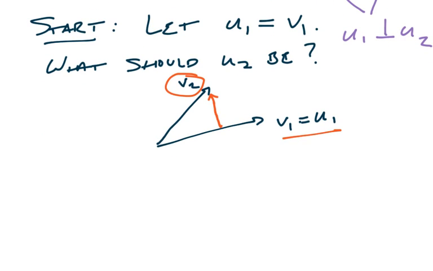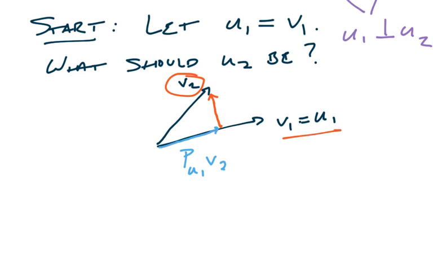And now we know exactly how to do this. We've done it a bunch of times. First, we could figure out the projection onto, well, let me use the language that I've just developed, the projection onto U1 of V2. That's this blue vector that I've drawn here.